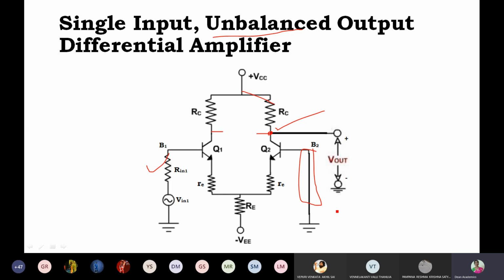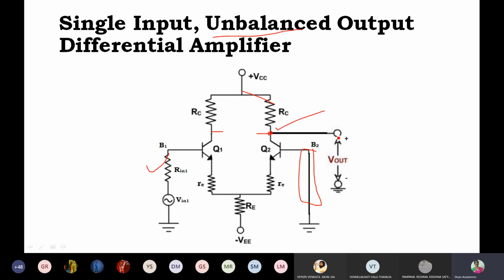DC analysis, AC analysis, all these conditions are the same. Only thing is, earlier for balanced output we took output from the collectors of two transistors.